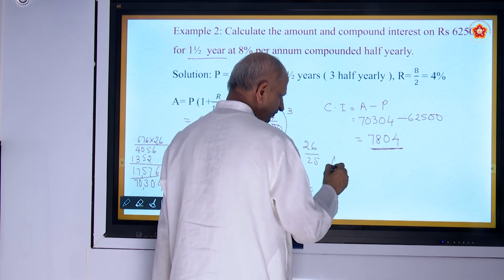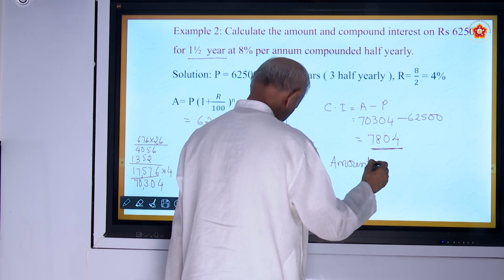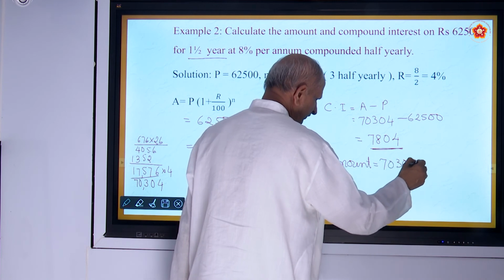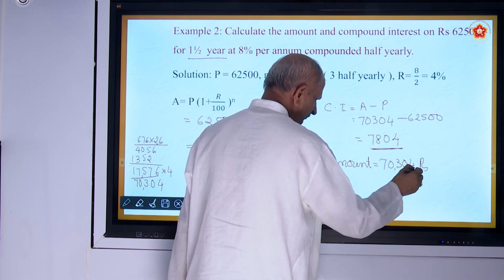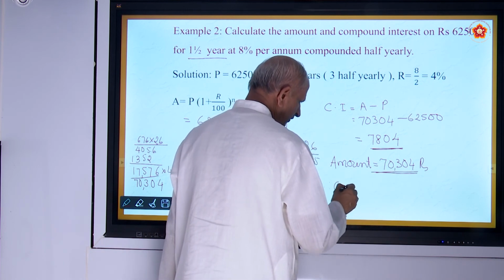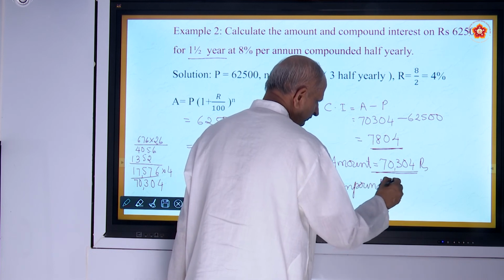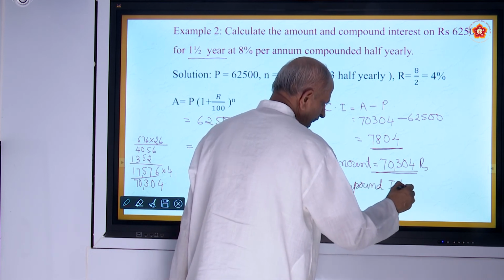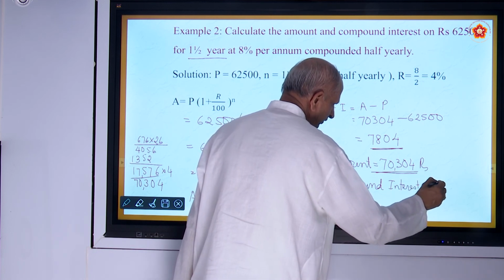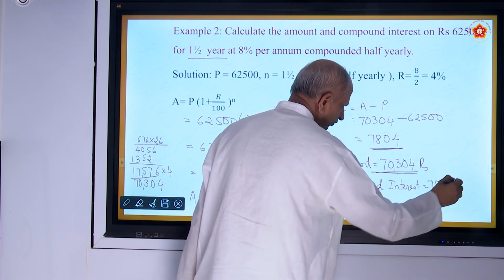So, answer is amount is equal to 70,304 rupees. That is the amount. And compound interest is equal to 7,804 rupees.